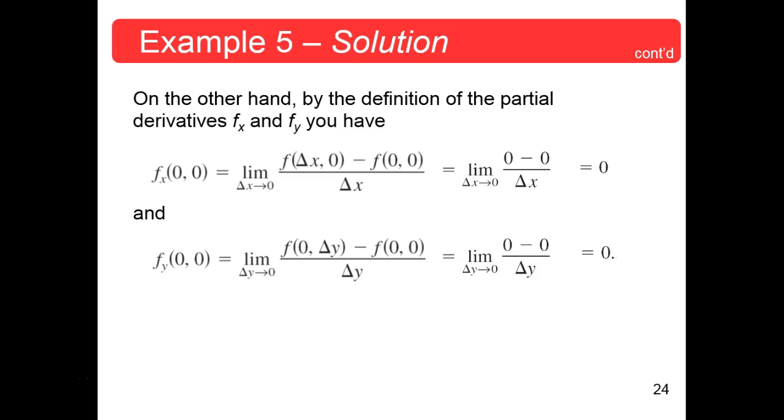On the other hand, by the definition of the partial derivatives f sub x and f sub y, you have that f sub x at 0, 0 is the limit as delta x approaches 0 of f of delta x, 0 minus f of 0, 0 divided by delta x.